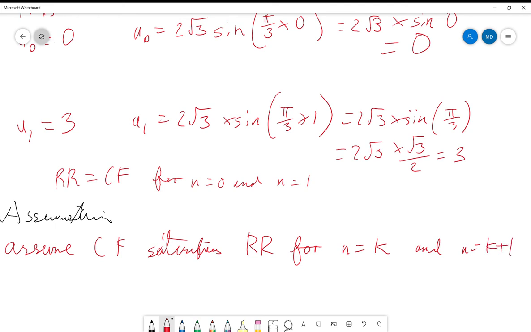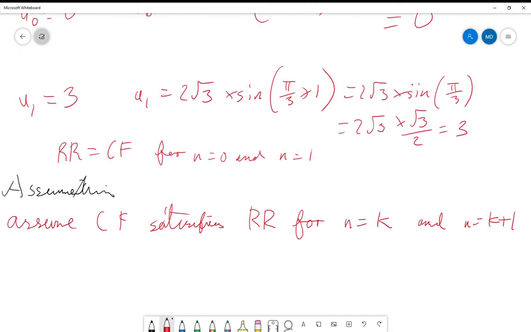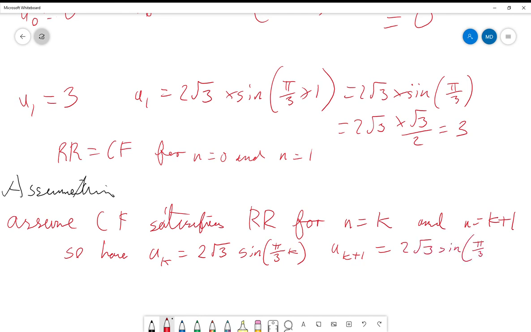Because it's second order, we need both parts. We need 2 steps. And so we have that u_k is equal to 2 root 3 times sine of pi over 3 k, and that u_(k+1) is equal to 2 root 3 of sine of pi over 3 lots of k plus 1.